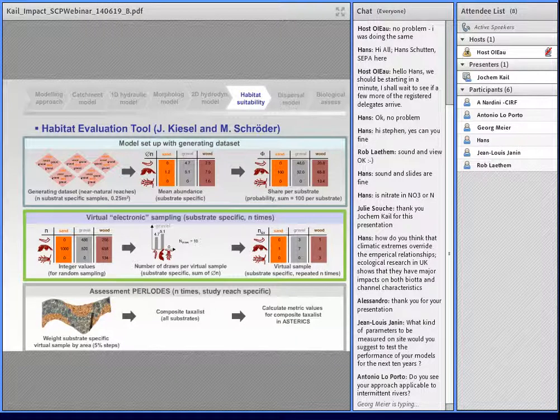So I think for fish it's more a problem than for invertebrates. But I think the range that we have presently in our empirical data is large enough to cover the changes that we can expect from climate change. So we already have some sites in very warm areas which are similar to the conditions which can be expected from climate change.